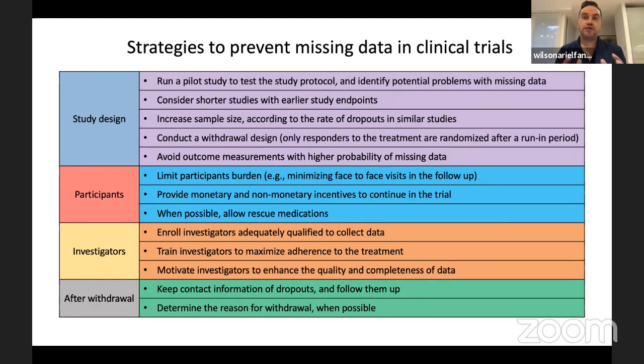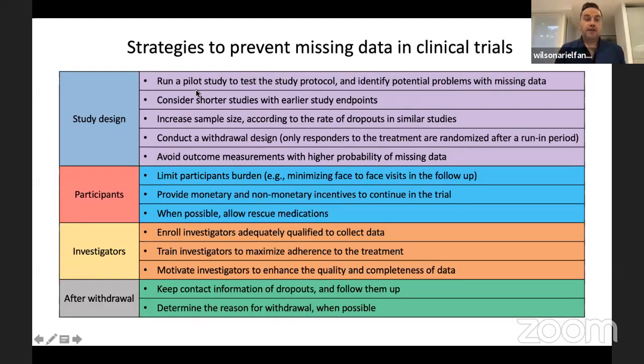So you have a rough idea what would be the rate of the missing data for your clinical trial, for example, and how to address these potential problems. So running a pilot study is not a bad idea to try to prevent missing data and to try to understand your population as well.